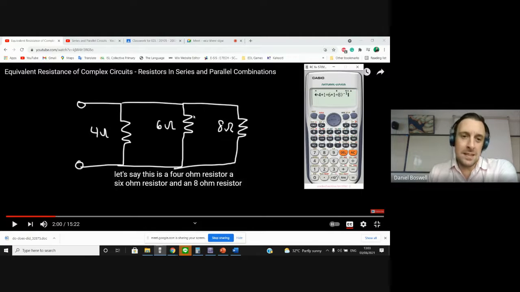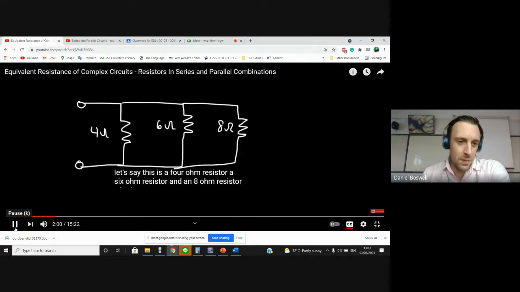This will give us our total resistance in this parallel circuit, which would be 12 over 13, 1.846.